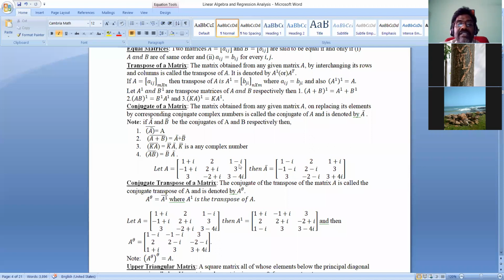So the conjugate of a matrix is obtained by replacing its entries by their complex conjugates.